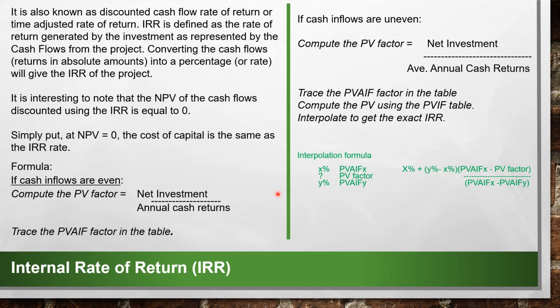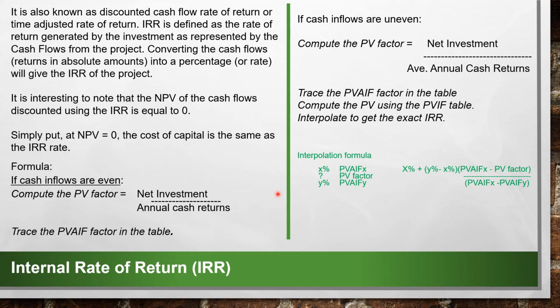So for the formula, if cash inflows are even, let's compute the present value factor. Actually this is like the payback period. So we have the net investment divided by annual cash returns. Then we trace the present value annuity interest factor in the table.